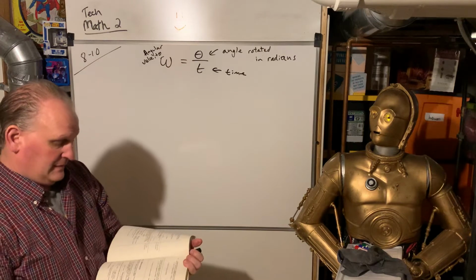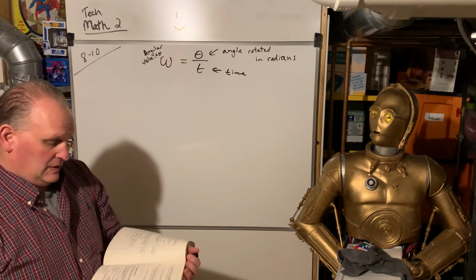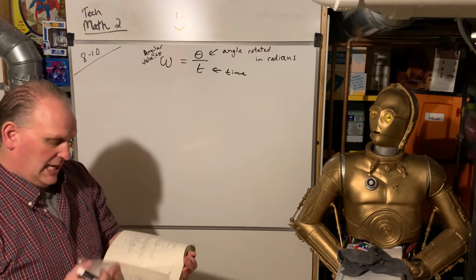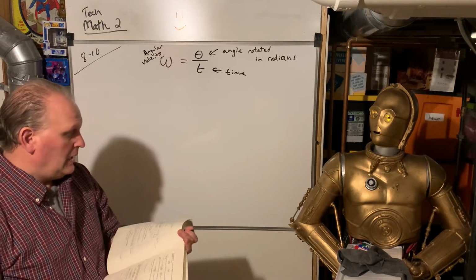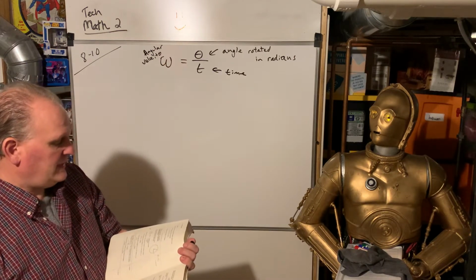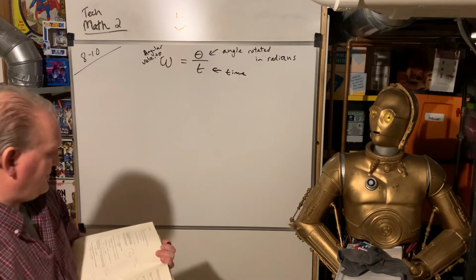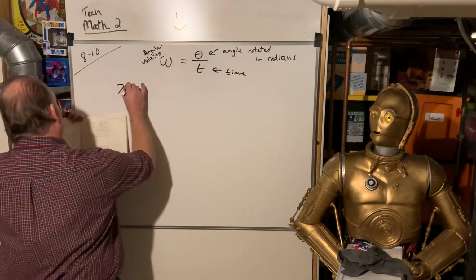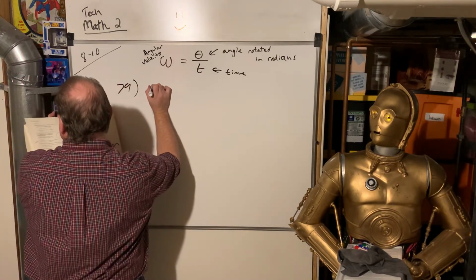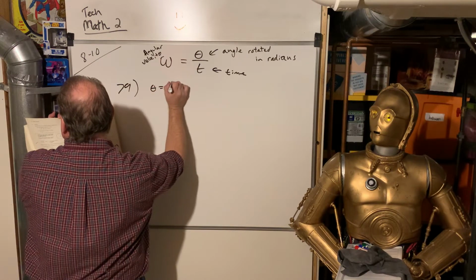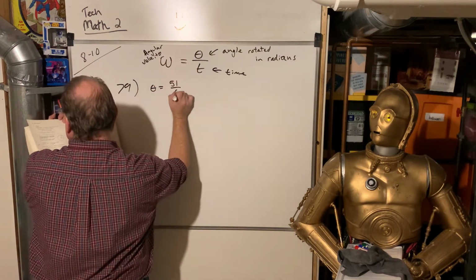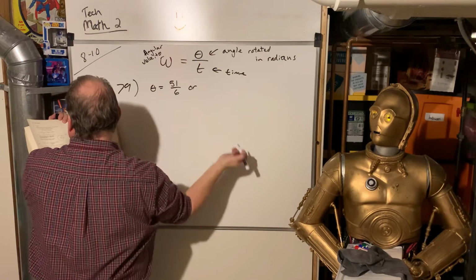Omega. All right, so let's look at 79. Well, they already kind of did it for us there for 79. They said, look, theta is equal to 51 over 6, or how many radians?